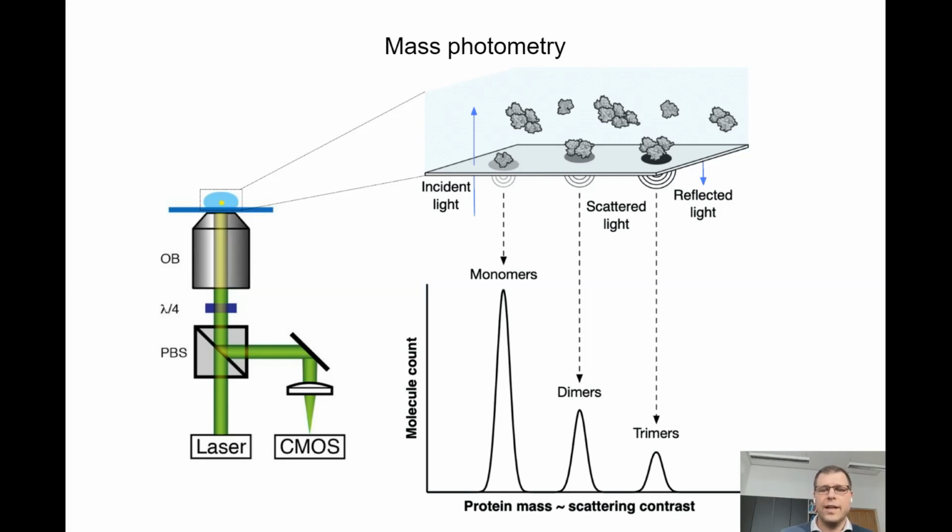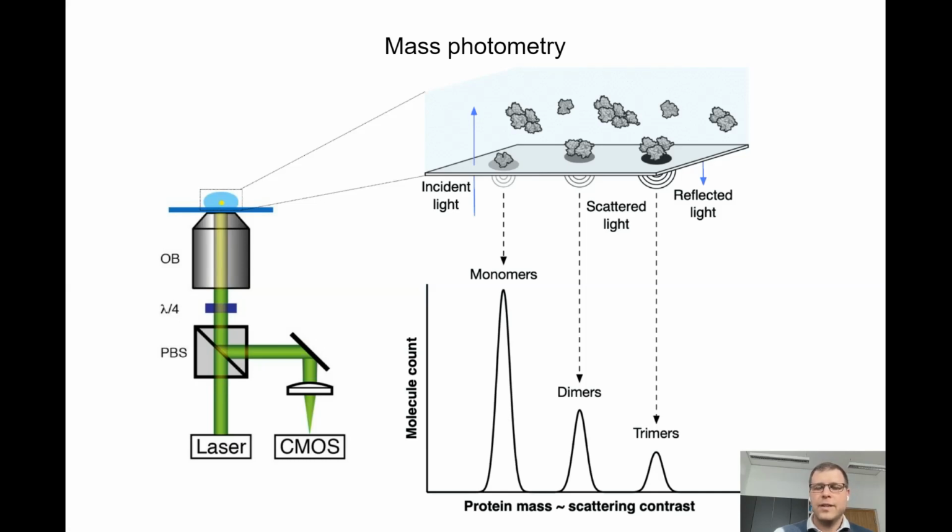So you shine a laser onto a cover slip, which holds a droplet of your protein solution, and then you record the light that comes back onto a camera. The light that comes back in this case is a combination of the reflected light from the water glass interface and the scattered light from little objects that are sitting on that interface.